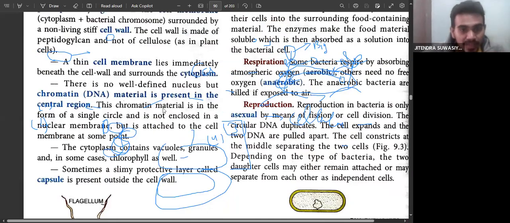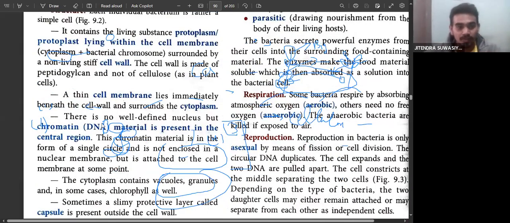Okay. So a thin cell membrane lies immediately beneath the cell wall and surrounds the cytoplasm.